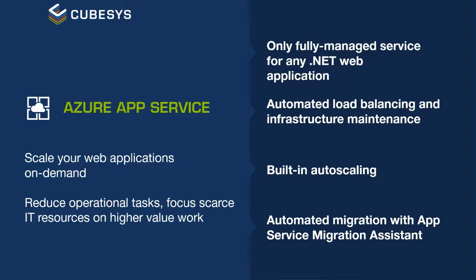So the app service is going to be load balanced, and it's going to have that built-in auto scaling, so it's going to scale on demand. As the application becomes busy, it's automatically going to scale up so that you've got more capacity to continue servicing. And it's also got automated migrations with the App Service Migration Assistant. Again, there's a tool that's specifically built for app service migration, and it's unique in looking at your code, deploying that code into an app service and having it ready to go.